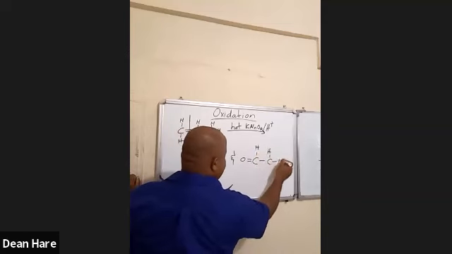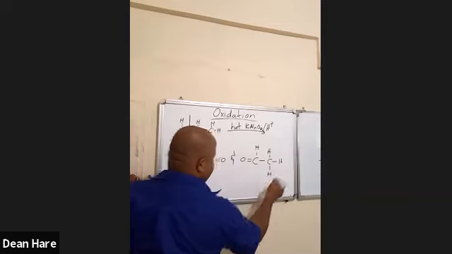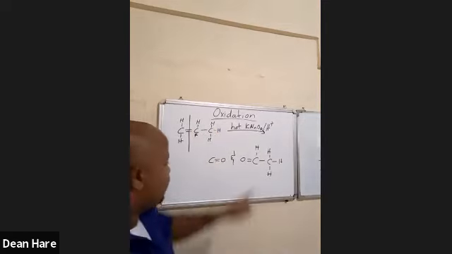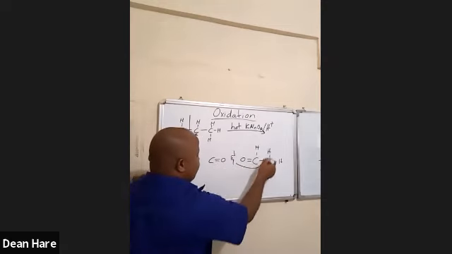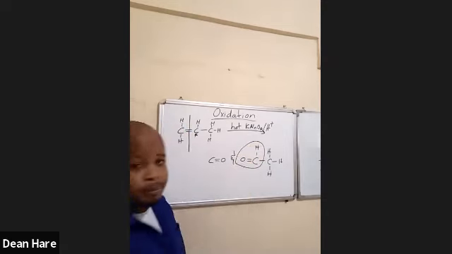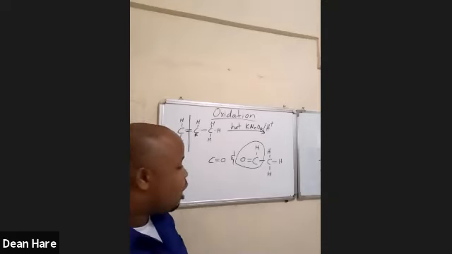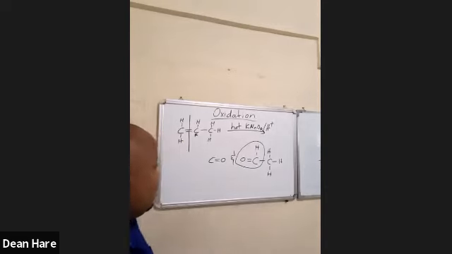Now C double bond O H, which functional group is this? Carbonyl. Right, but specifically, which carbonyl group? An aldehyde. Right, aldehyde.